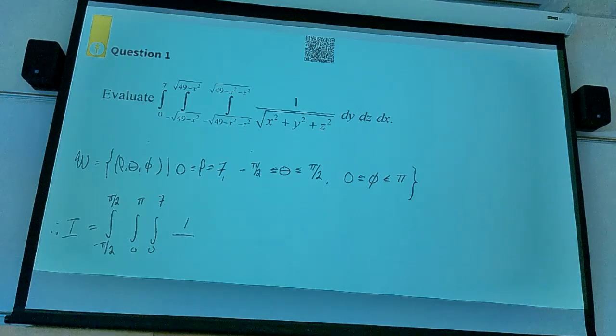Square root of x squared plus y squared plus z squared is the distance from the origin to the point, which by definition is rho. Now for dV. dV is rho squared sine of phi, d rho d phi d theta.